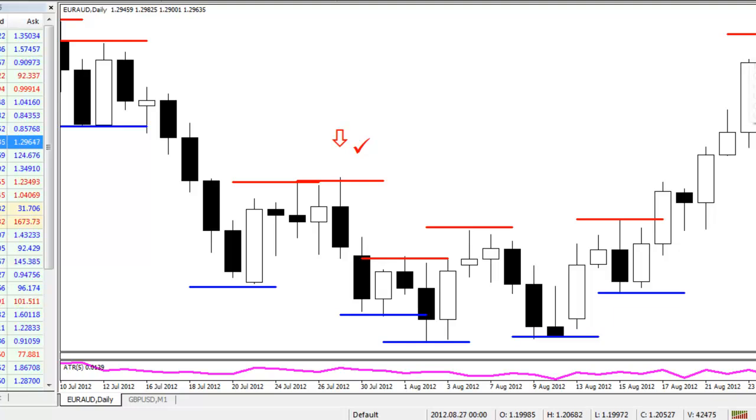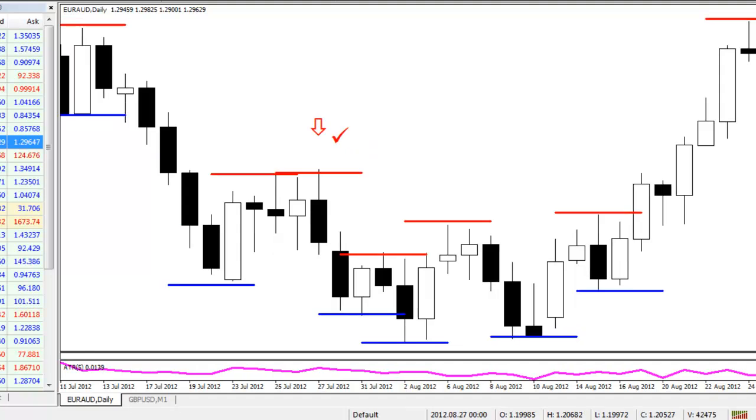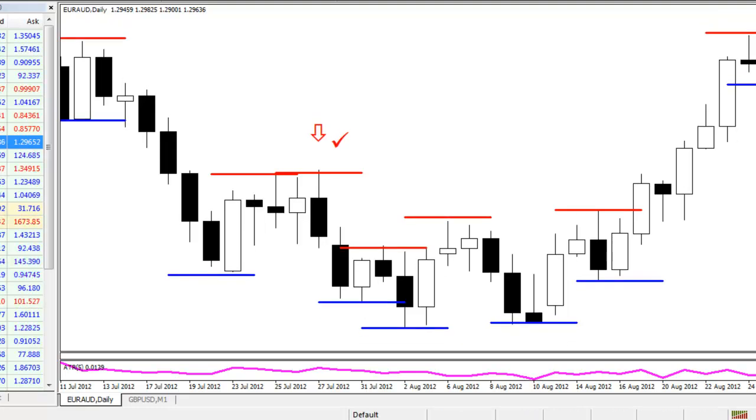We can see the high of this candle is lower than the high of that candle. We can also tell straight away this is in fact a swing low point. It's obviously higher than this previous high. And nicely here we can tell as well, it's closed in the direction we're looking to trade, which is now to the upside.